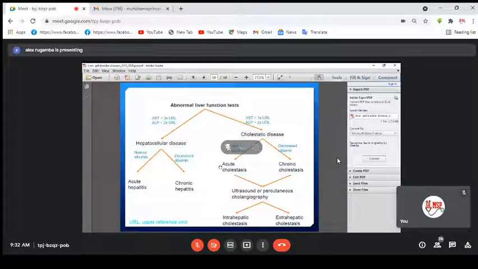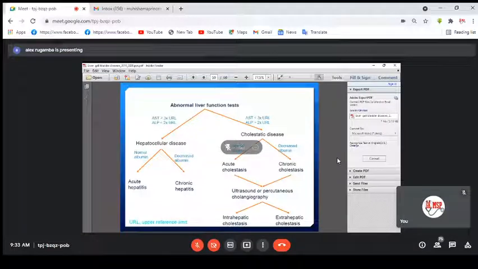Actually, here they were talking that you remember those alanine aminotransferase and the aspartate aminotransferase. They are normal. No, not the same. Actually, this one also is confusing me.